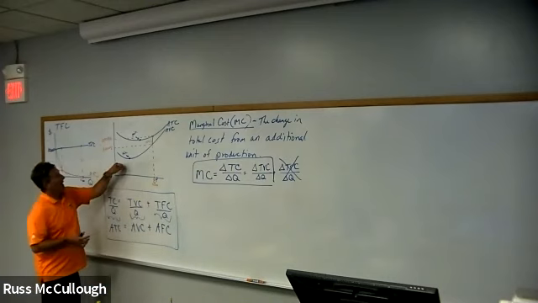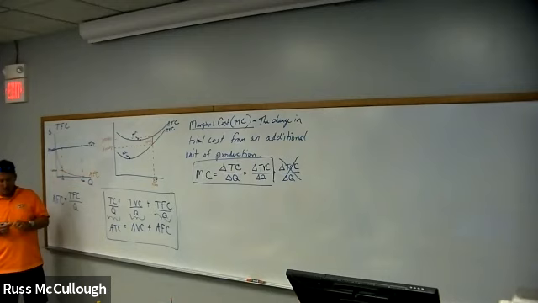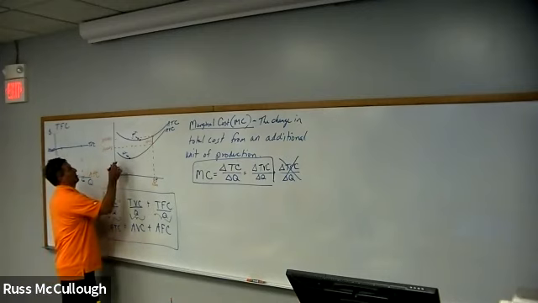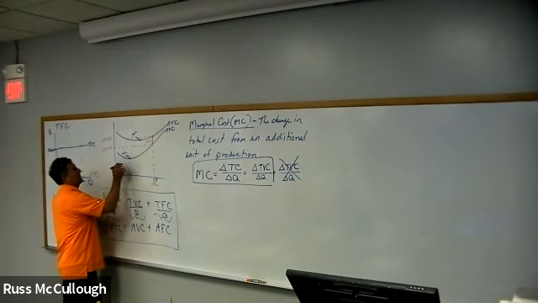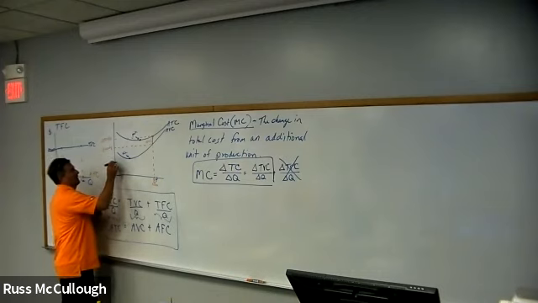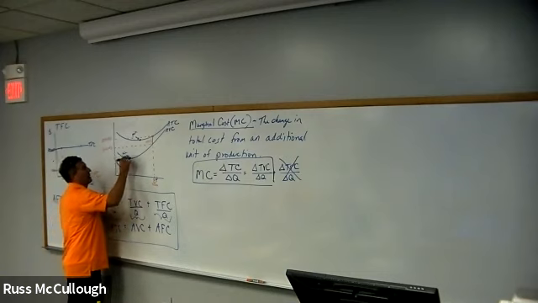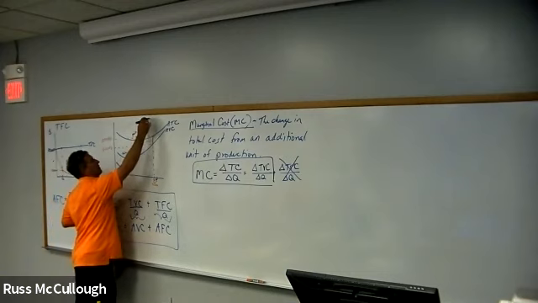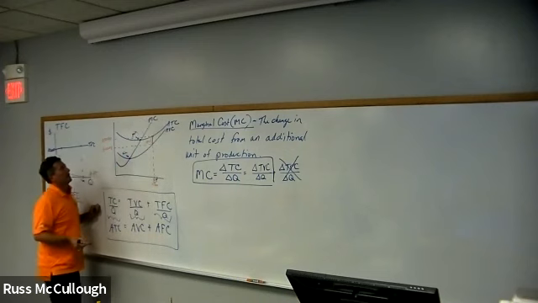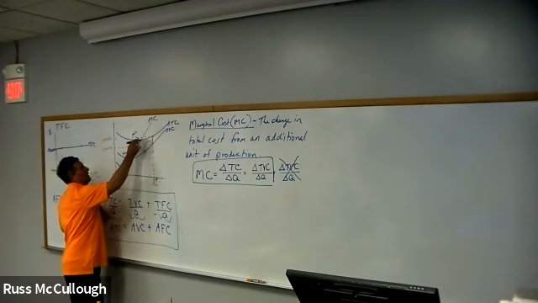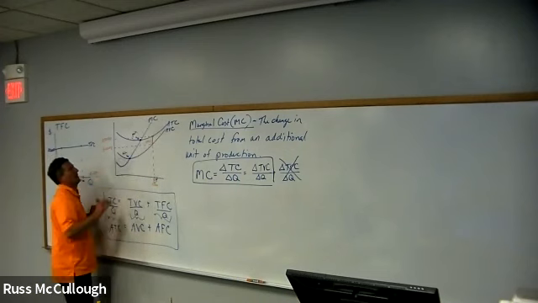Over on this graph, the marginal cost curve is J-shaped and cuts through the minimum point. So watch me draw this. It bottoms out, and then it comes up and cuts through the minimum point. So the marginal cost curve looks like that.